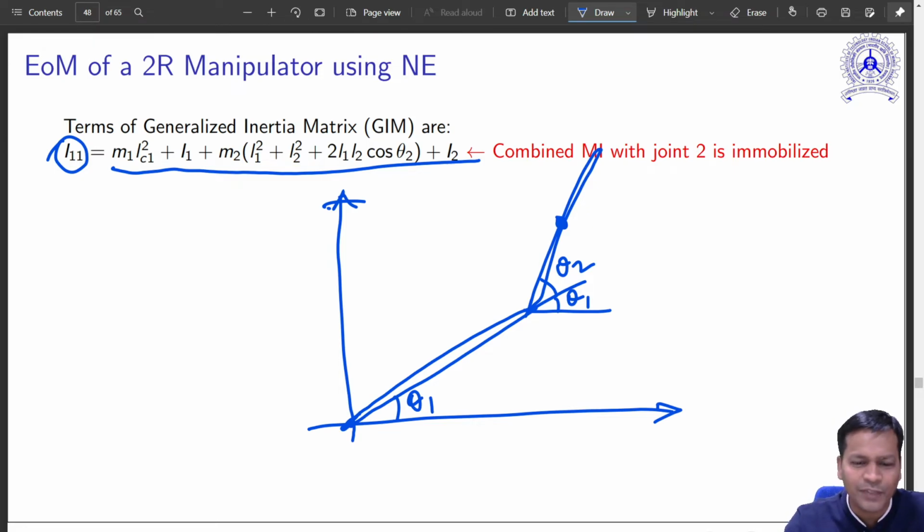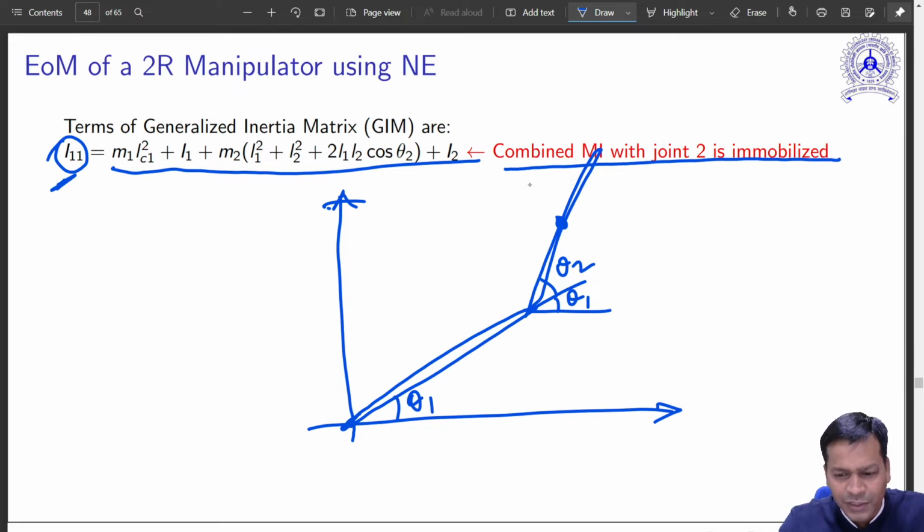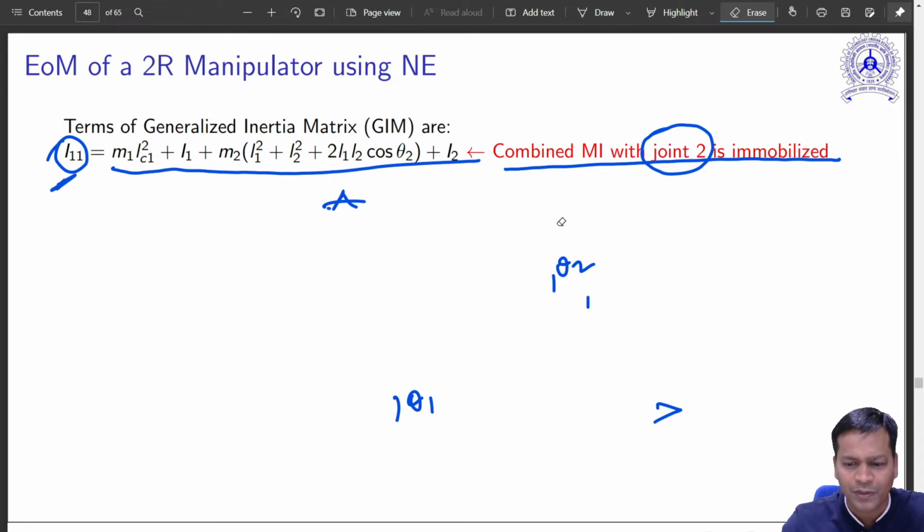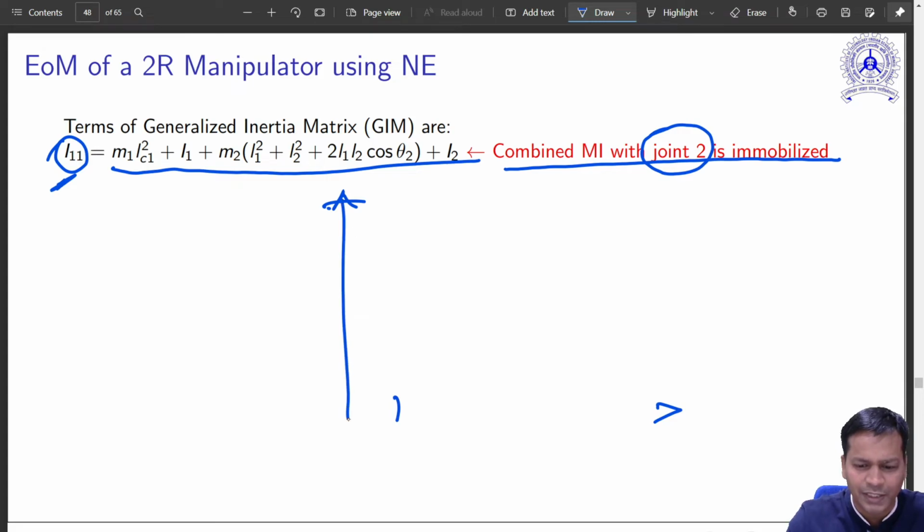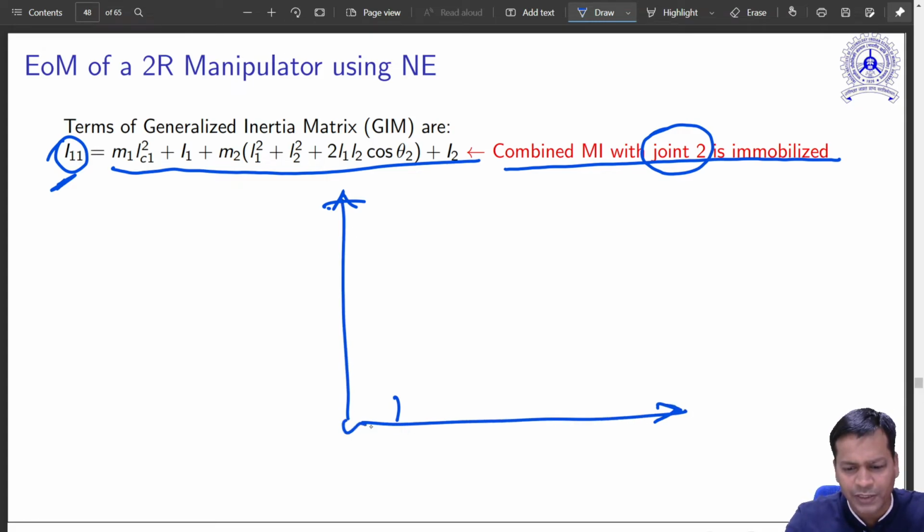So the moment of inertia I11 term, you see, is effectively the combined moment of inertia of this system, assuming joint 2 is totally immobilized. That means you have frozen this in this orientation. So the shape of this system is something like this. Now your link is not the way it was earlier. You can draw your link, which is a permanent link of this shape.